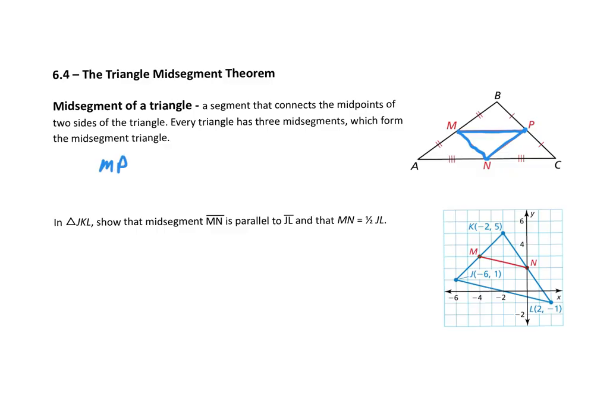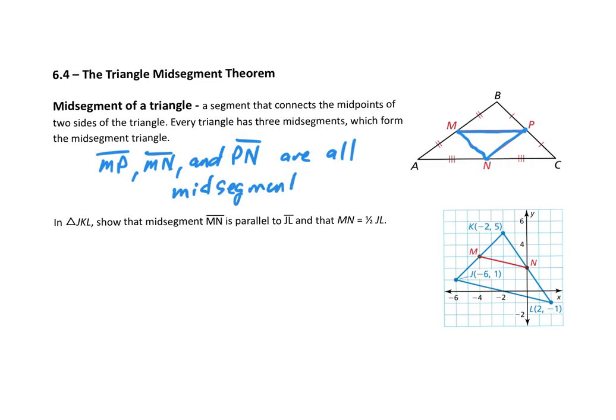So what we would say here is that MP, MN, and PN are all mid-segments of triangle ABC. Okay, so if we have a triangle and connect all the midpoints of that triangle, we'll actually have 3 mid-segments. And sometimes we'll deal with all 3 of them. Sometimes we'll just focus on one of them, like for instance MP.